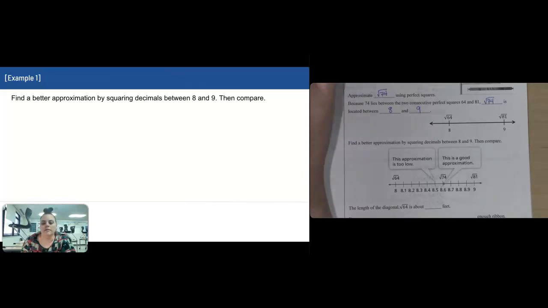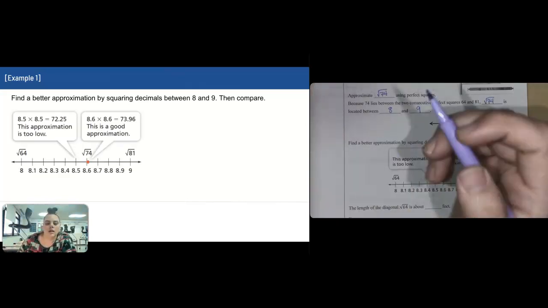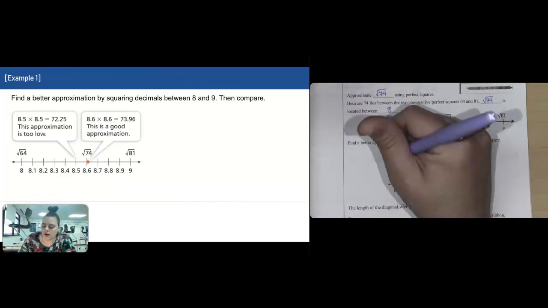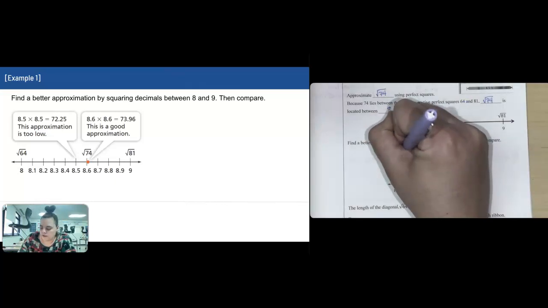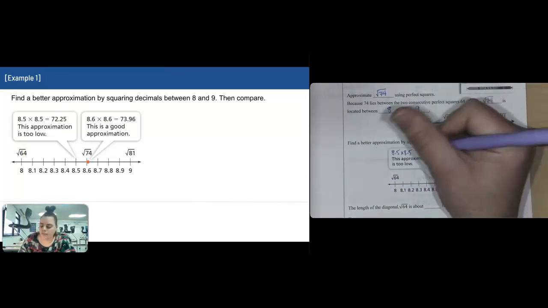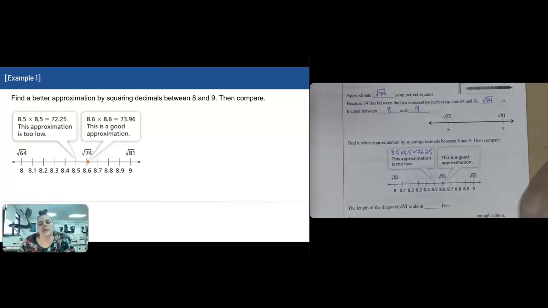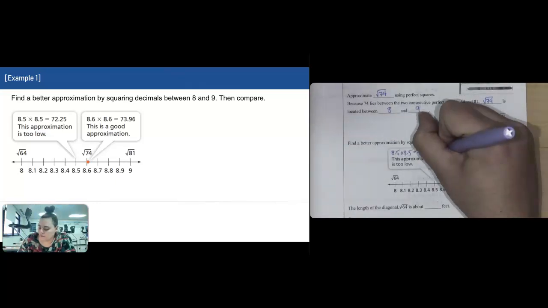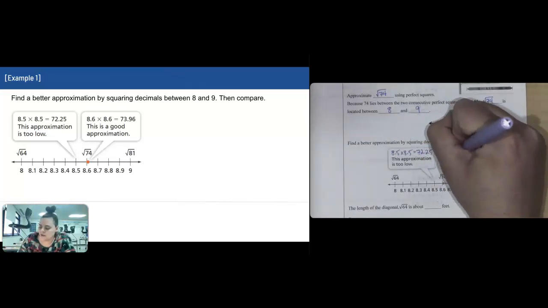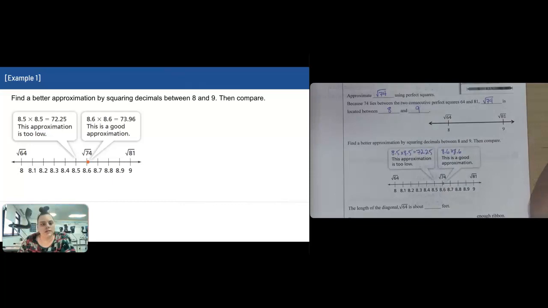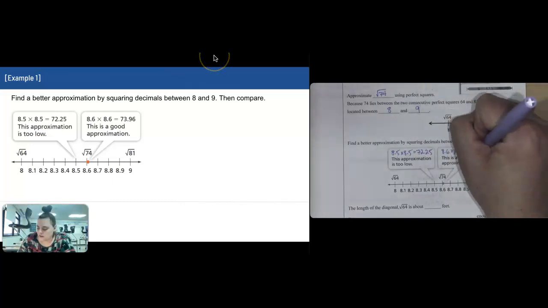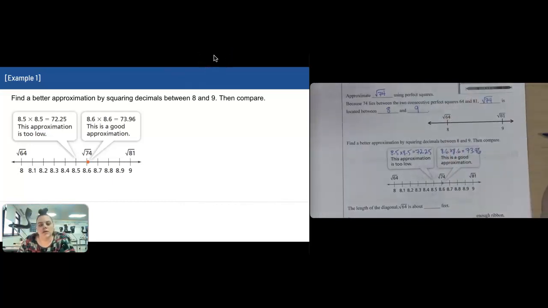Then we compare. First, we might try 8.5 times 8.5 and get 72.25. We'd notice that this approximation is too low, so we try the next value up, 8.6 times 8.6. We saw this in lesson 3. This is much closer to 74, and so we would approximate that the square root of 74 is about 8.6.